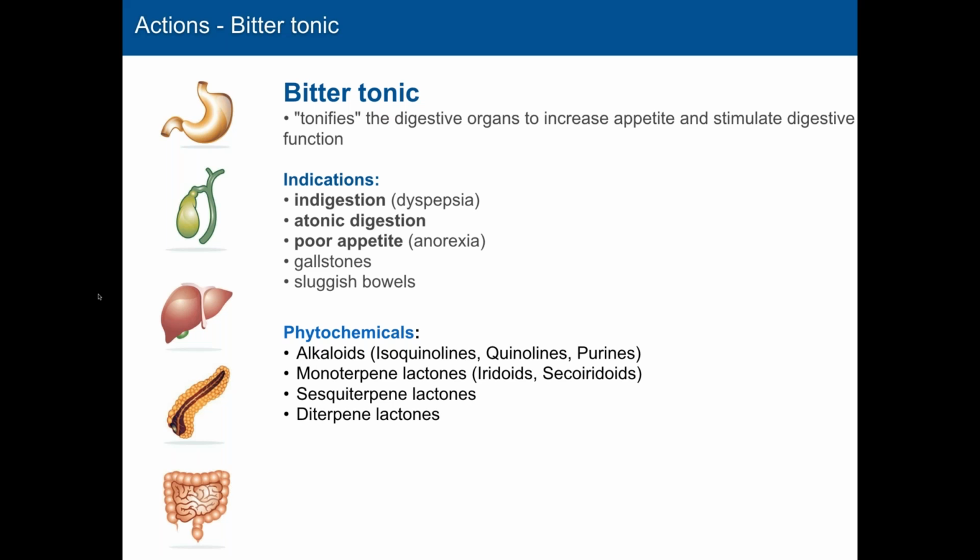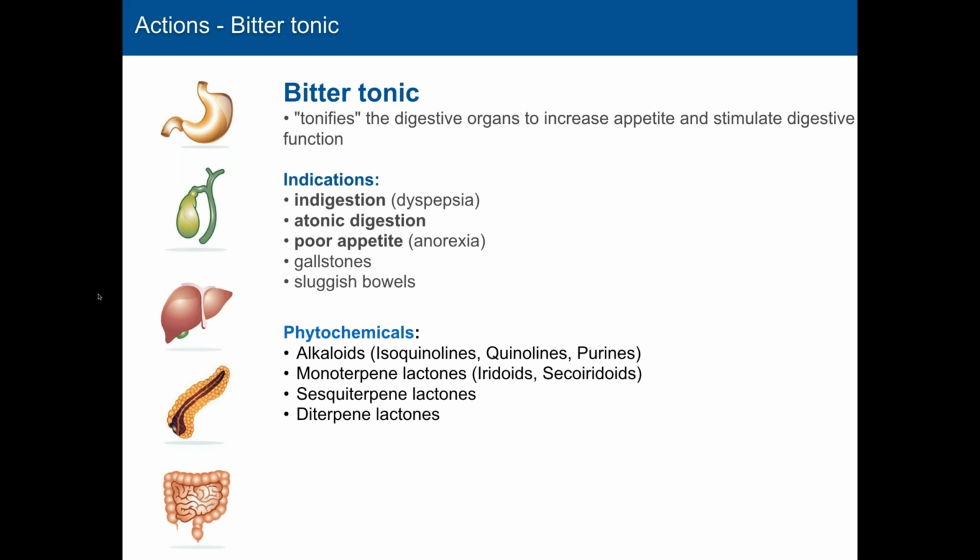Some of the opioid ones would as well, would not fall into that category. With the herbs that we're going to discuss, isoquinoline alkaloids, quinoline alkaloids, purine alkaloids, those, for the most part, act as digestive bitters.